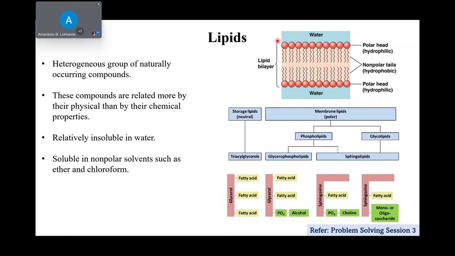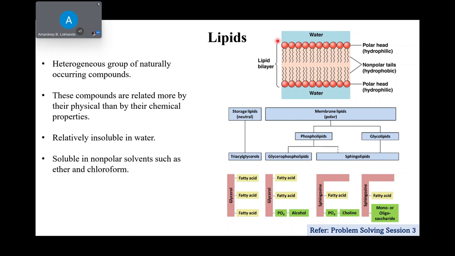So in the plasma membrane, which is a region where you have the extracellular matrix and water content, you have a polar head that is interacting with the extracellular matrix or outside membrane, but the lipid is embedded inside the cell.